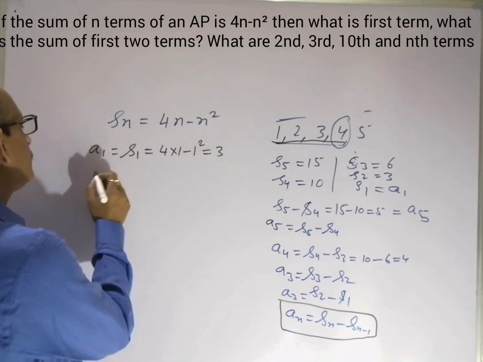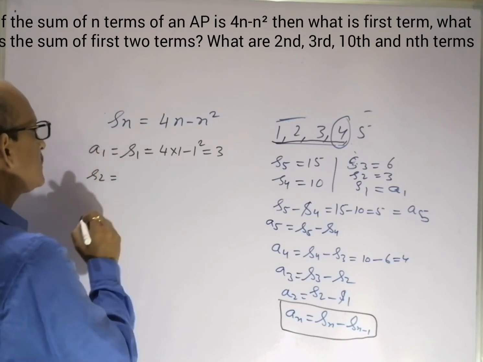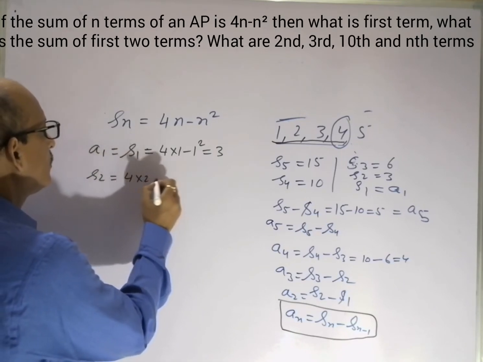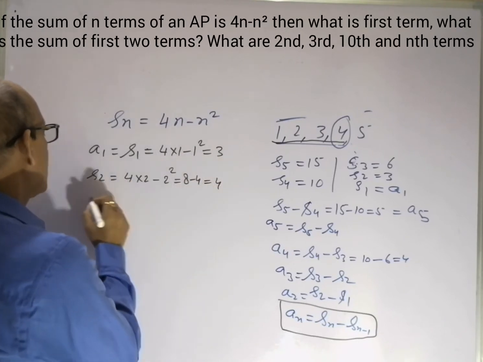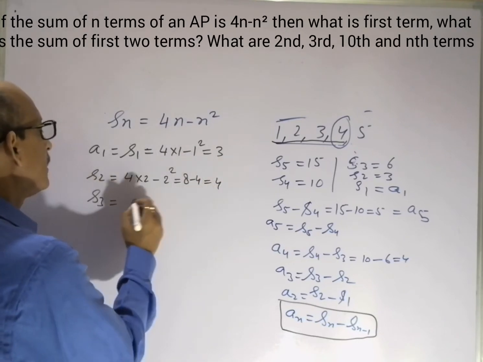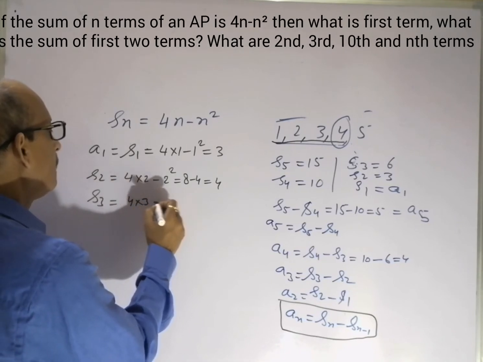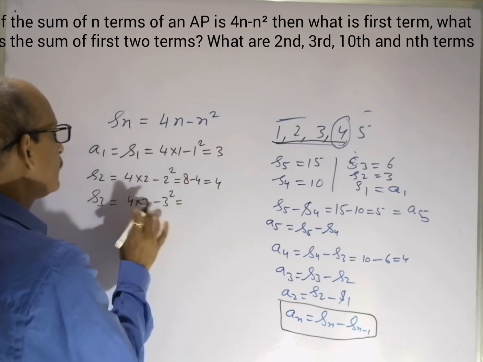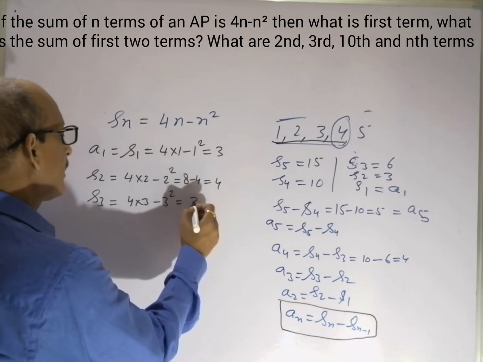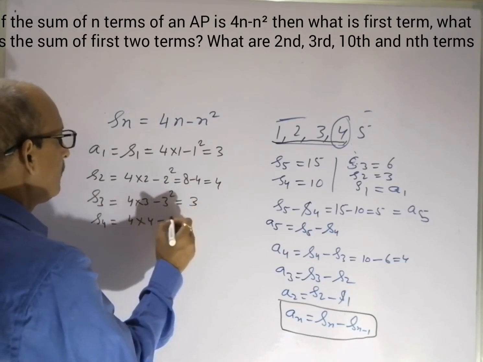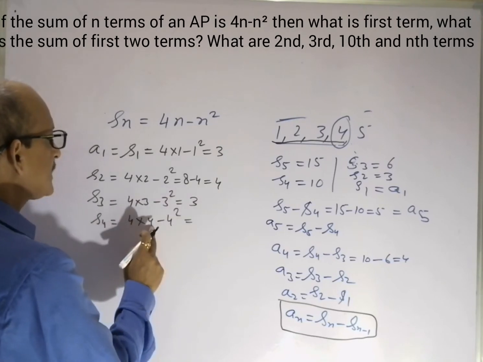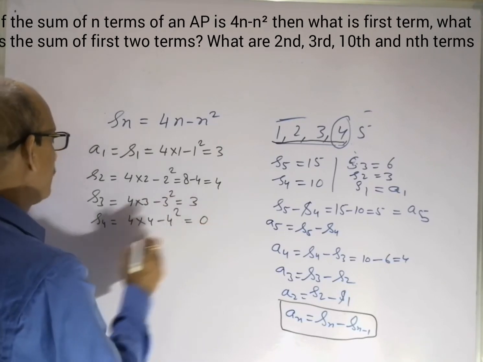Now get S2. S2 is 4 into 2 minus 2 square, that is 8 minus 4, that is 4. S3 is equal to 4 into 3 minus 3 square, that is 12 minus 9, that is 3. S4 is equal to 4 into 4 minus 4 square, 16 minus 16, that is 0.